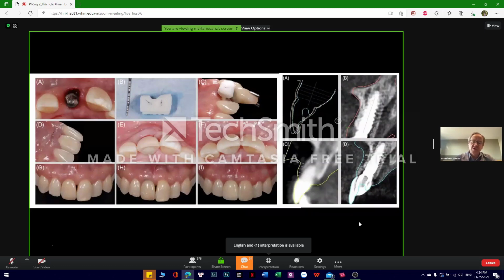And using this technology of combining the DICOM images from the CBCT with the STL images from digital impressions, we were able to evaluate the amount of hard tissue that we were able to attain on the buccal surface of these immediately placed implants, as well as the amount of soft tissues, and how the thickness of soft tissue may compensate the amount of new bone that is developed.